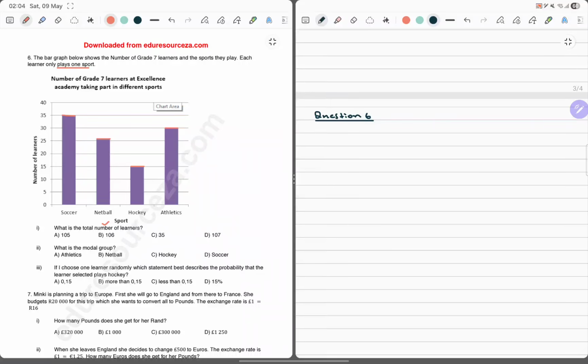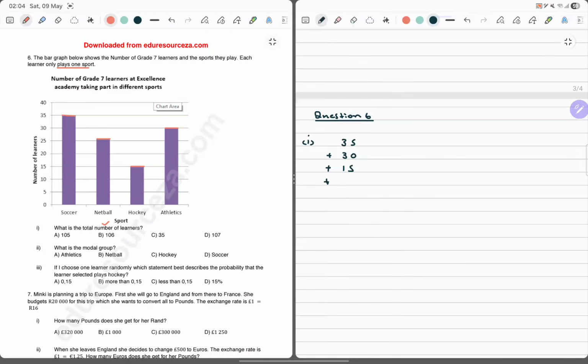Now this is a bit of a problem because to do this, we need to think about it a bit nicely. So we know that this is 35 plus, I can just take the ones I can read, and 30 plus 15 plus. Now this one is 25, but we can see it's slightly more than 25.